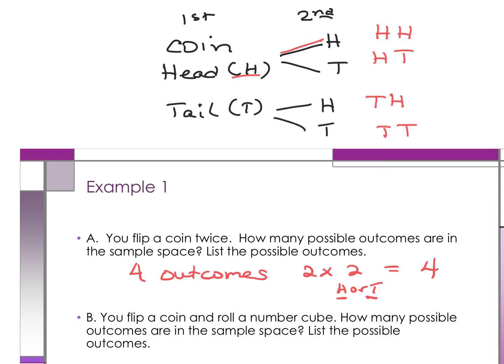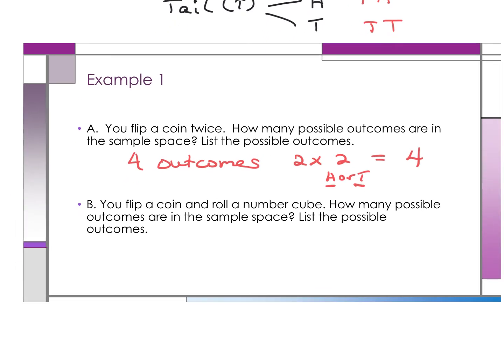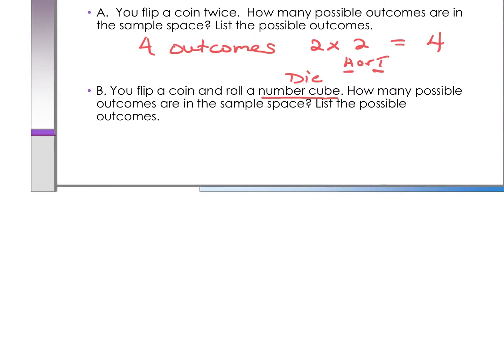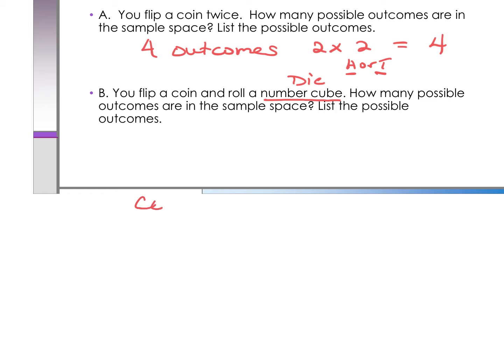Now it's asking us, we're going to flip a coin and roll a number cube. When you see the description of a number cube, they're talking about a regular die. That would have 6 different numbers on it. So it wants us to find the possible outcomes and how many are in that sample space and to list them. So again, I could do a tree. If I put the coin first, remember my options are head or tail.